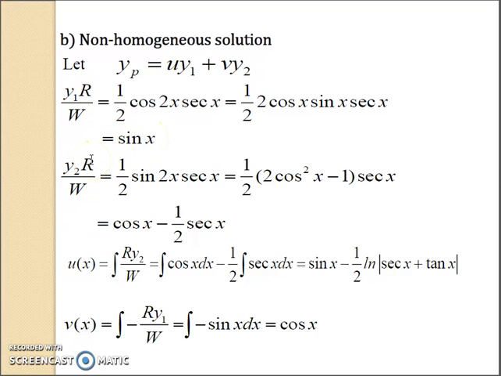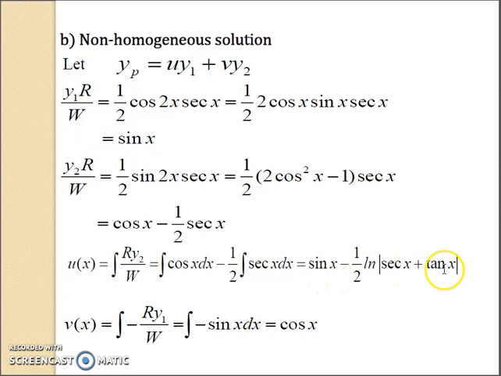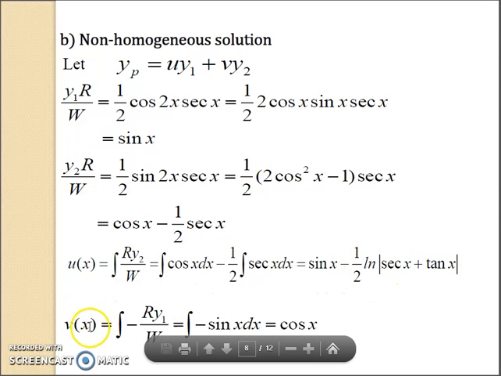Similarly, y2 r is half sin 2x into sec x, which gives cos x minus half sec x. Hence u(x) is the integration of that, which gives sin x minus half log(sec x + tan x), and v(x) is the integration of r y1 upon W, whose result is sin x.